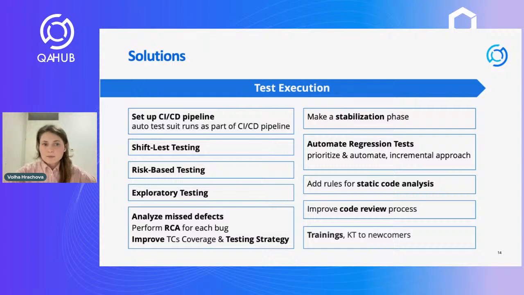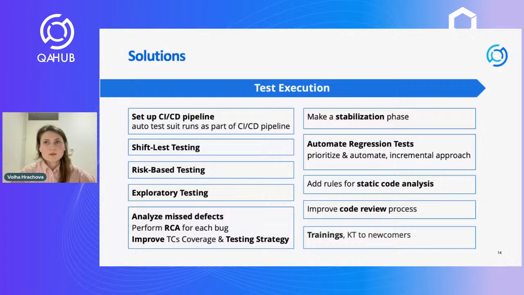If we have a big number of issues, we should consider making a stabilization phase where we stop our testing efforts, take a step back and make some fixes, because if we have a big number of bugs, most probably the application is not yet very stable and somewhat raw.